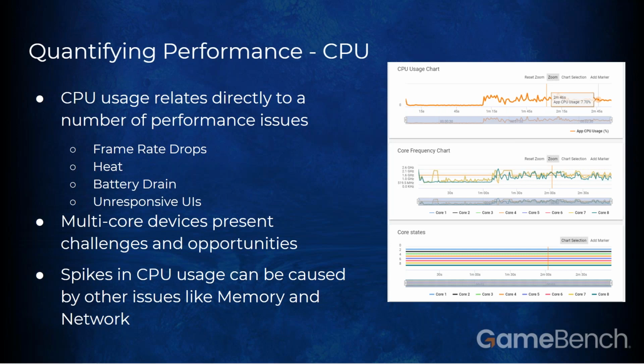Again, it's directly tied to heat and CPU, because the harder the processor is working, the more power it's putting out as waste heat, which means it's draining the battery faster. Unresponsive UIs: if you're doing some very complex physics calculation on the main thread, you can end up with a UI that's unresponsive, an issue that could be related to CPU performance.